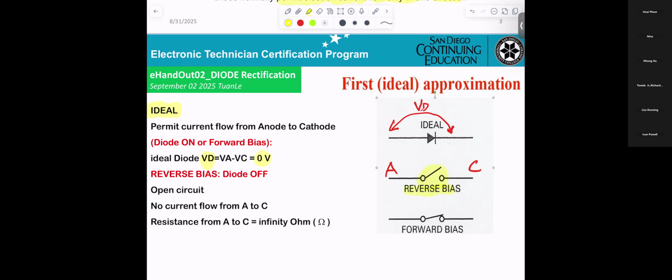No current flowing A to C. And resistance from A to C will be infinity. You understand that open circuitry. And when the current can flow, they say forward bias. So current can flow from A to C.